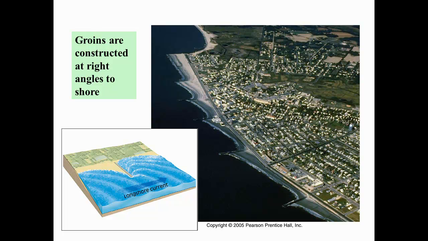Typically, groins are constructed in series at right angles to the beach. For example, if you look at this particular photograph, notice that the sediment is building up on one side of the groins, whereas on the opposite side there's net erosion.